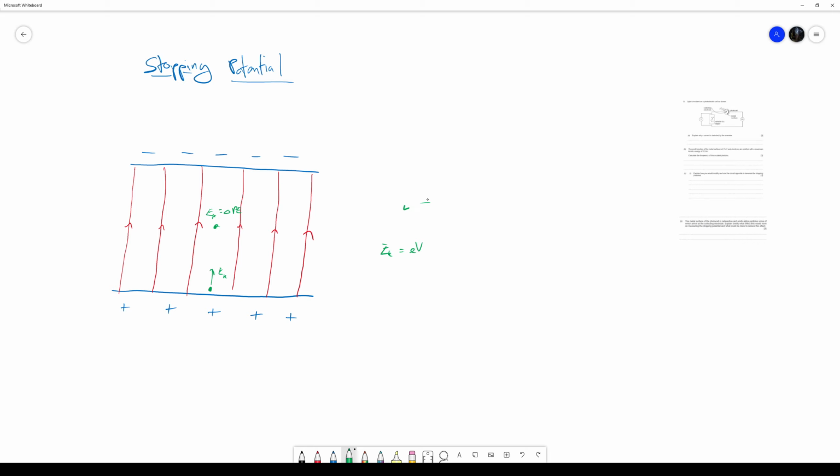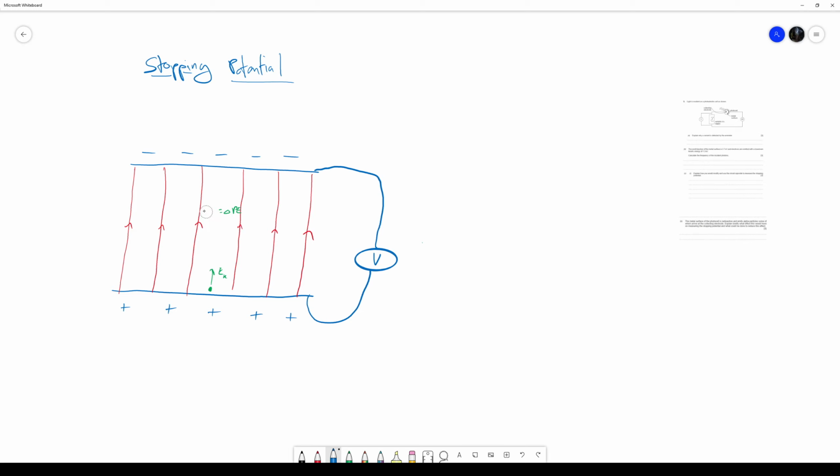Now, let's go a stage further and say that the total potential difference between my top plate and my bottom plate is V. It's kind of done that for me, but it is V between the top and the bottom.